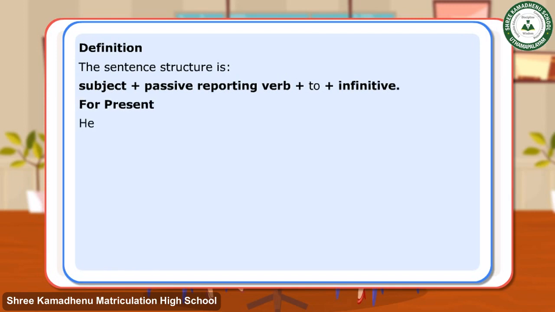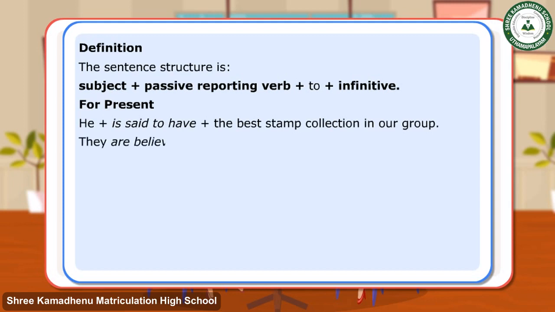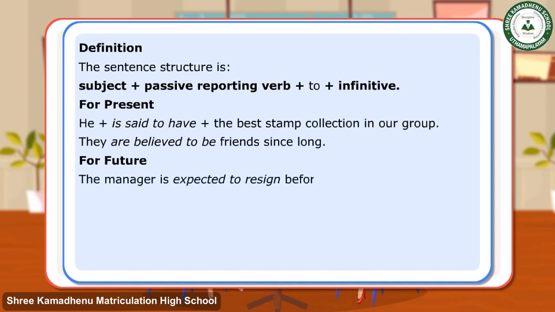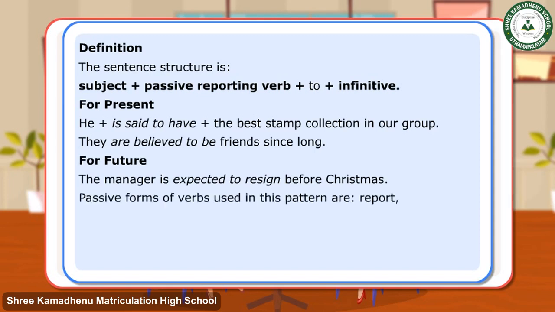For present: He is said to have the best stamp collection in our group. They are believed to be friends since long. For future: The manager is expected to resign before Christmas. Passive forms of verbs used in this pattern are report, believe, think, understand, say, expect, hope, etc.